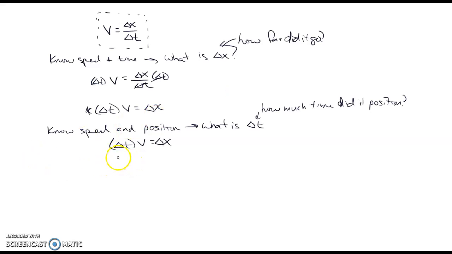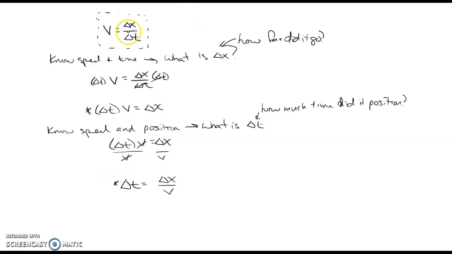And then what I'm going to do is I'm going to divide both sides by my speed v. Okay, so again, as long as I'm doing the same thing to both sides, we're cool. And I cross out the v, and I'm going to get that the change in time is equal to delta x over v, because this v doesn't cancel out, right? So this is another equation.